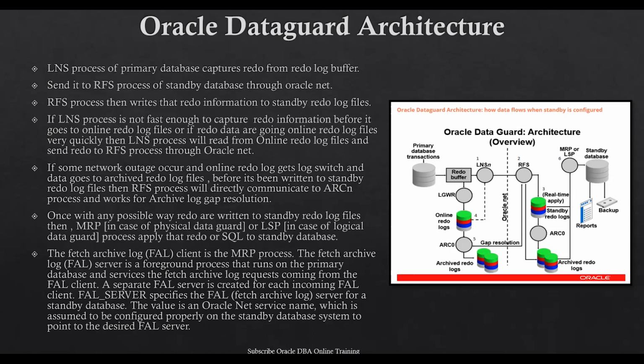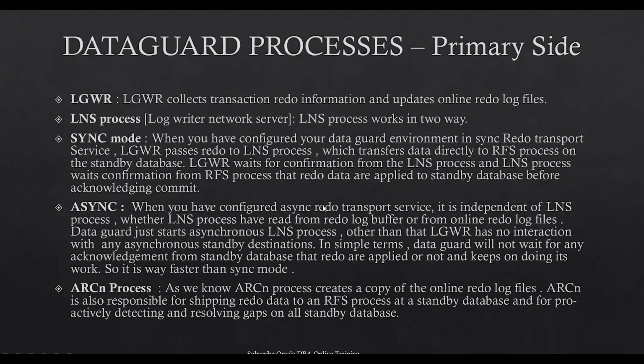If you define this parameter on the primary side, your file server will be your standby entry, and your file client entry will be your own server entry. In the reverse case, if you define it on the standby side, your file server will be your primary side information and file client will be your standby information. That's the logic. Okay, so let's move to the next part of this architectural discussion.